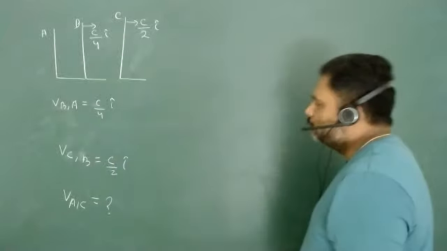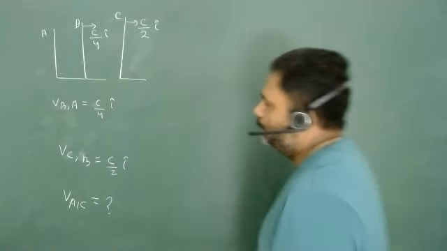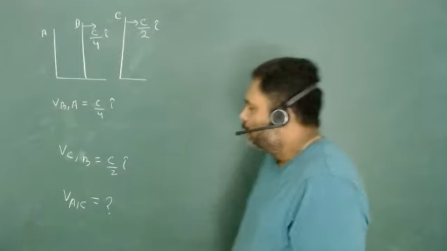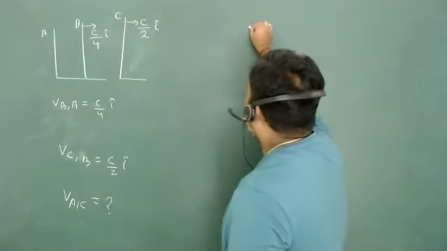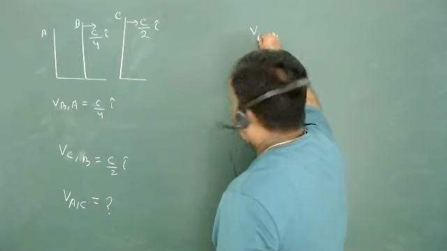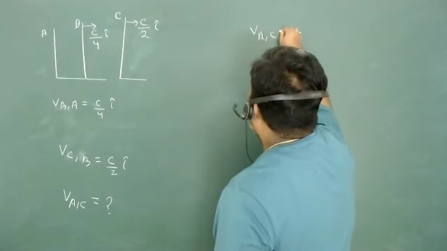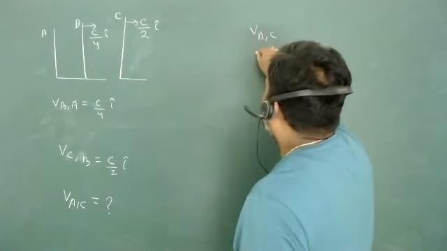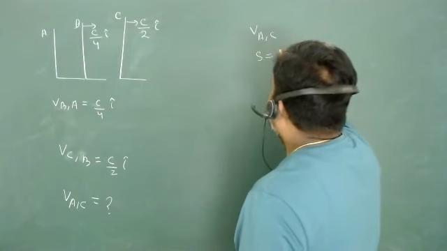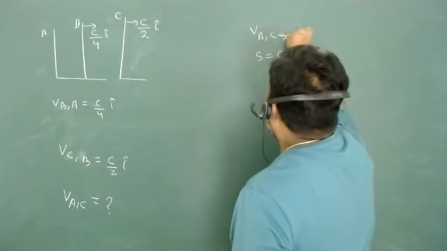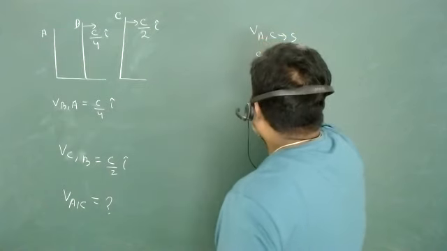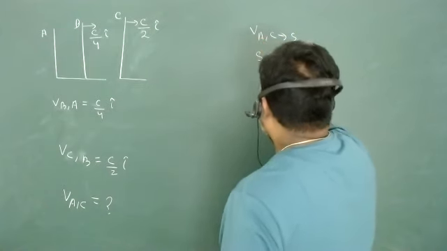Okay, so according to our program and our algorithm, what should be my S frame? Velocity of A with respect to C. What should be your S frame? S will be equivalent to C. I will say this is my S frame. Then A will be treated as a particle.